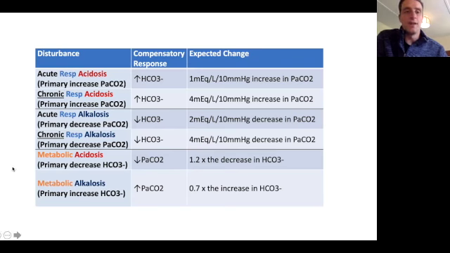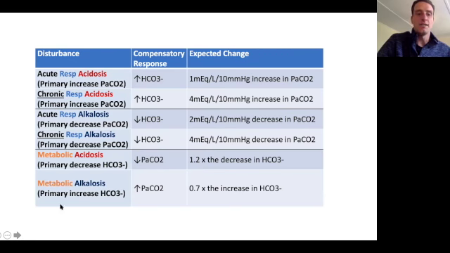Of course, metabolic acidosis is a disorder of bicarbonate, primarily from excess acid or inadequate bicarbonate, and the compensatory response is in CO2. If metabolic acidosis is the primary issue, the compensatory response for CO2 levels will be 1.2 times the decrease in bicarbonate from baseline.